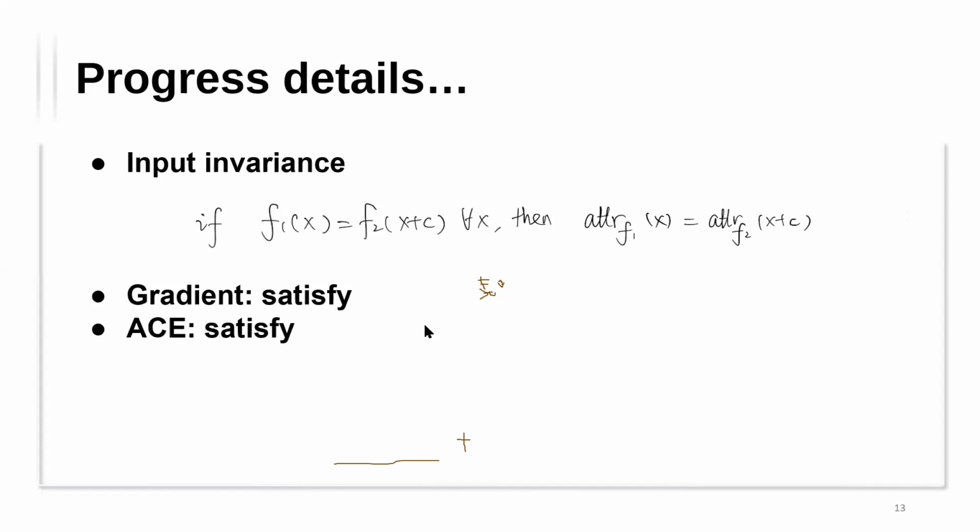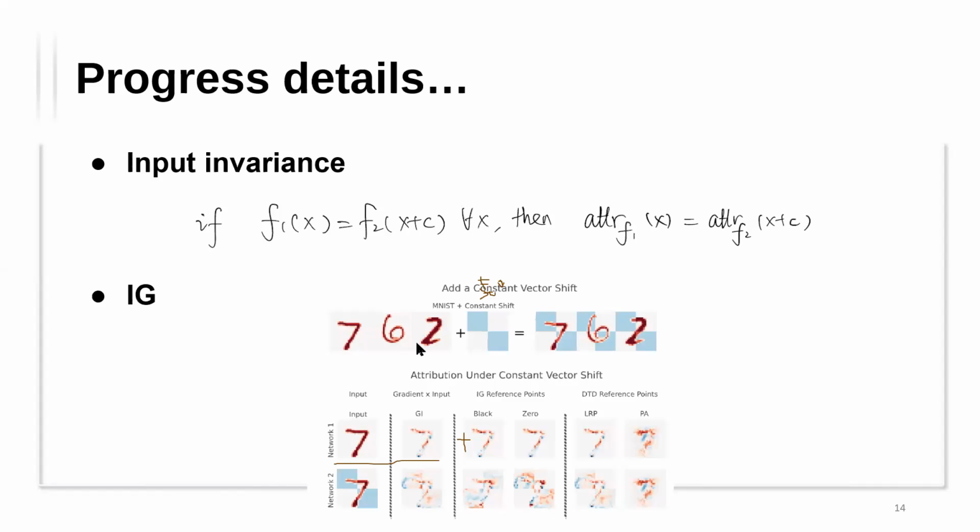And they did an experiment to prove that integrated gradient does not follow this property. Here the input is the images of 7, 6, and 2, and they add a constant shift to the image. And the middle one is the outcome of integrated gradient.